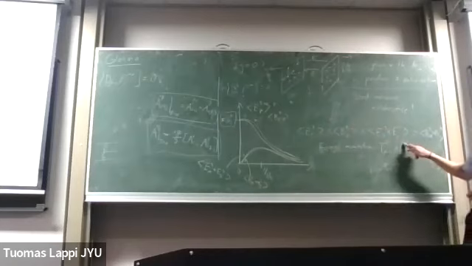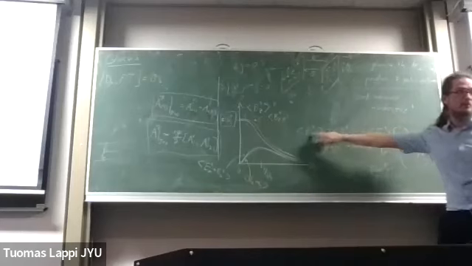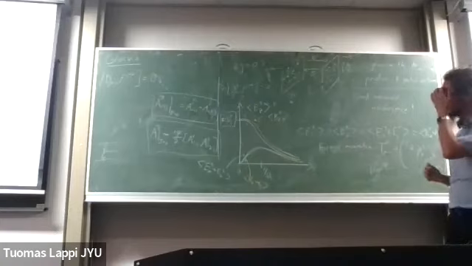You say that the 0,0 component of the energy momentum tensor is the energy density, and the other diagonal components are the pressures. So these are just now some specific linear combinations of these E squared and B squared.